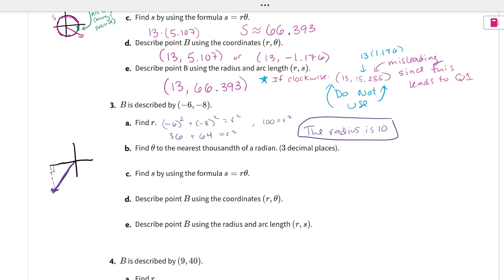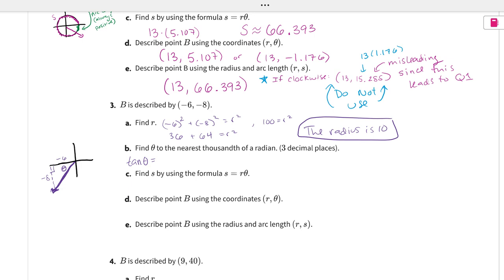This is saying our x value is negative 6 and our y value is negative 8. And this is the theta that it's going to give us. It's going to give us just the triangle theta. So let's say tan of theta equals, and I could use the radius instead actually, but I'm going to keep with tangent.